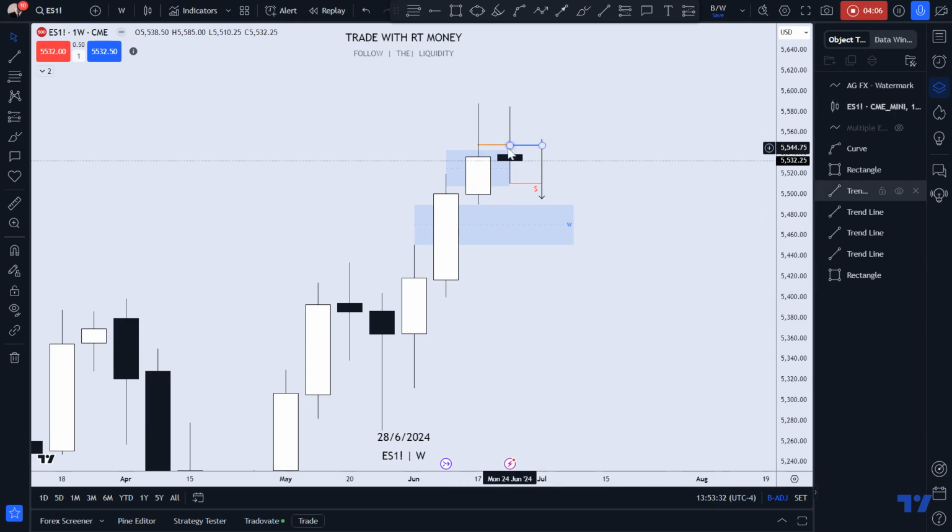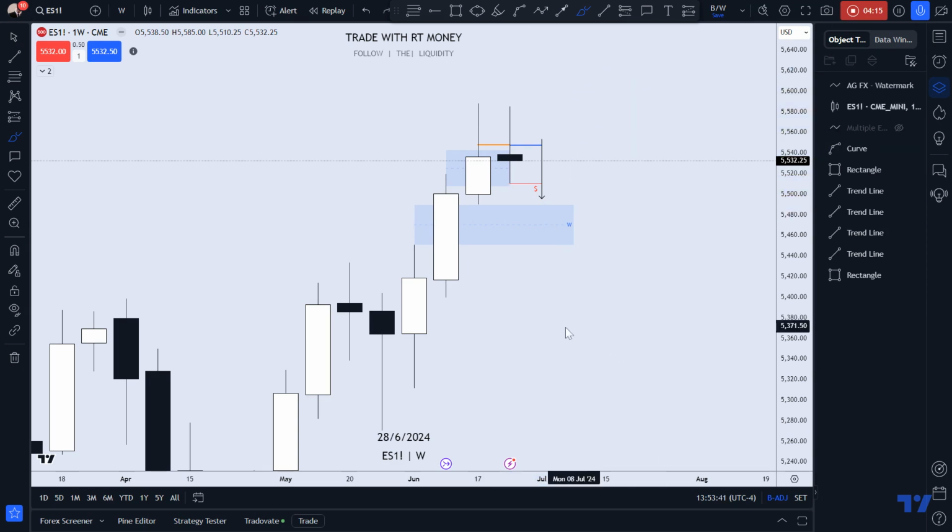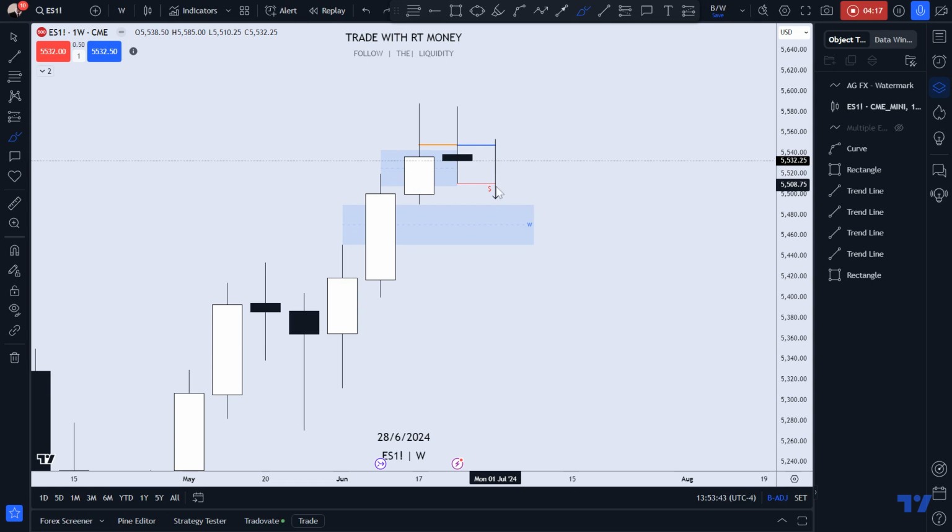So you're thinking price will probably come back into this fair value gap and then continue higher. I hate it when there's those squiggly lines like that, but that's what I'm expecting. So I'm thinking that we may have a down week for the candle. I need to mention NFP is happening Friday.